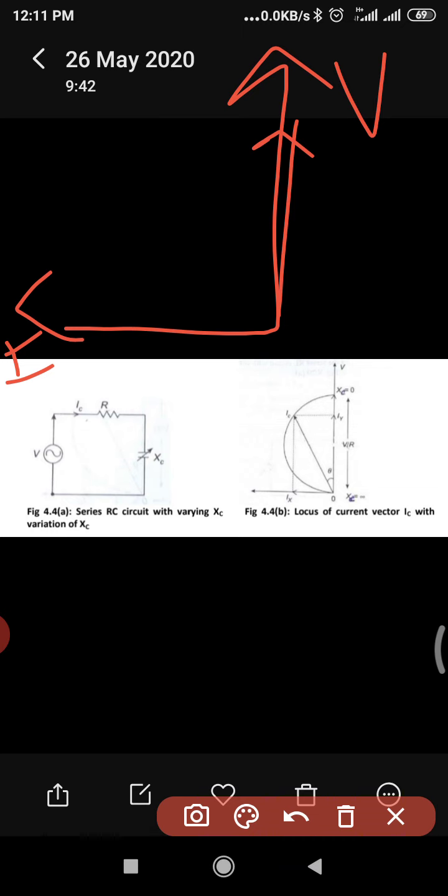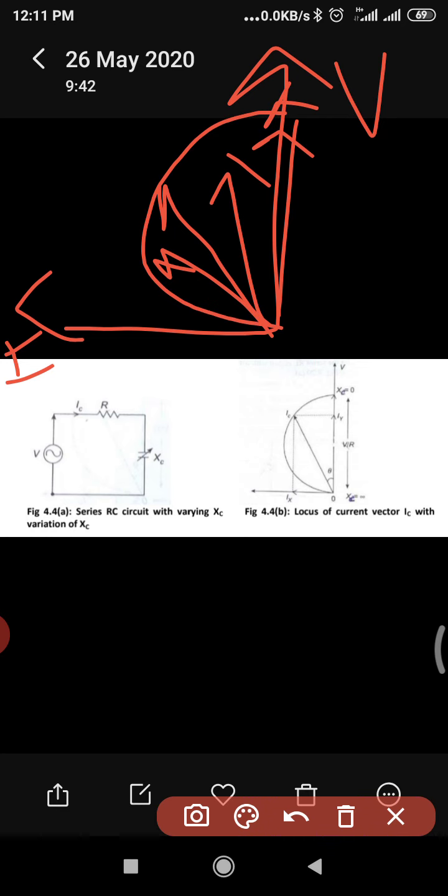Okay? After that, if you increase the XC value, the phase angle increases a little bit, and in this way it increases further and the magnitude reduces. So when XC becomes maximum, the current becomes 0. Okay? So this is the way of drawing the locus diagram for a series RC circuit with variable XC.